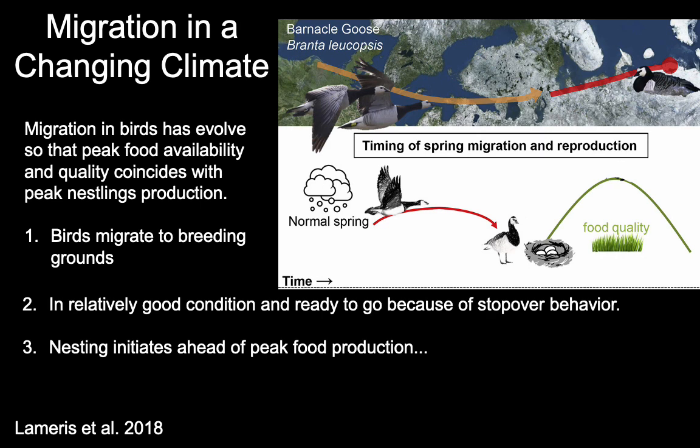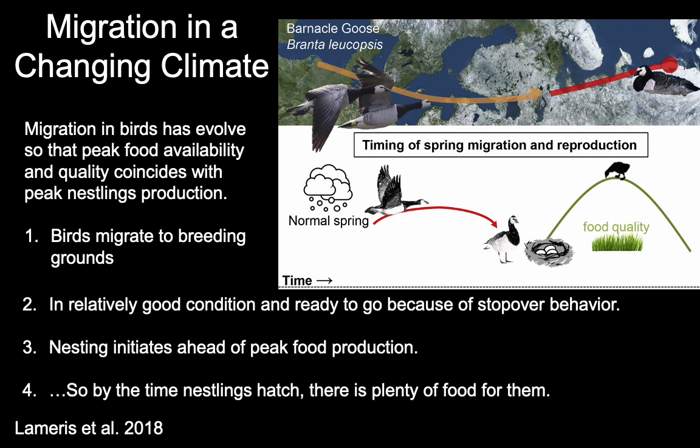So they make nests, they breed, they lay eggs, they incubate. And this phase is initiated before the anticipated peak production of food. The reason it precedes it is because you want your nestlings to be hatched when food is peaking.